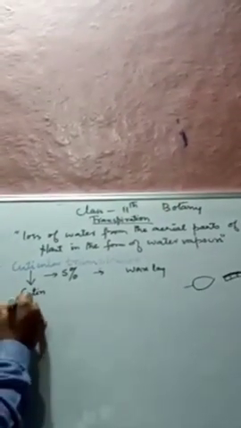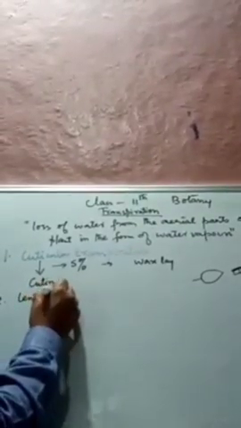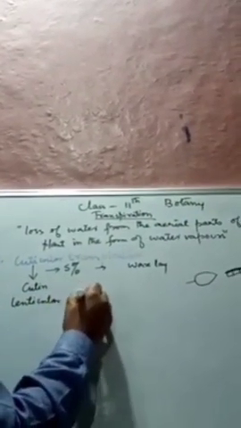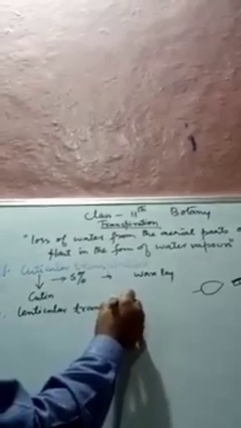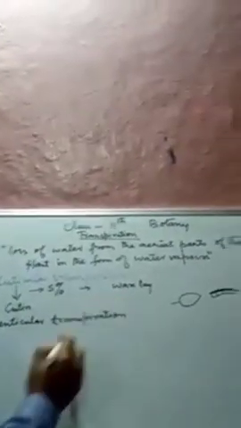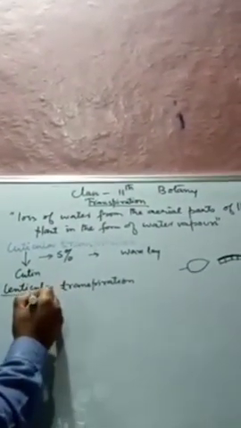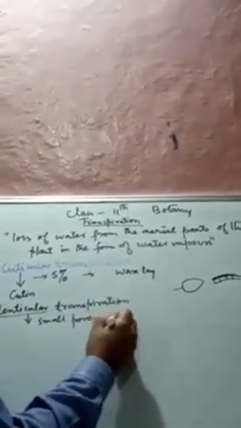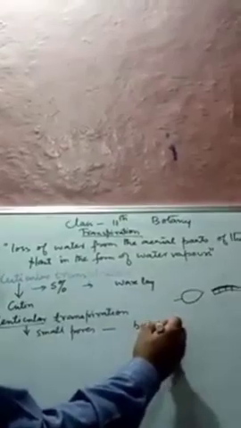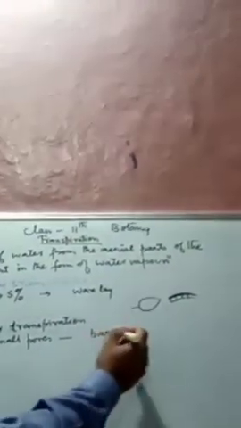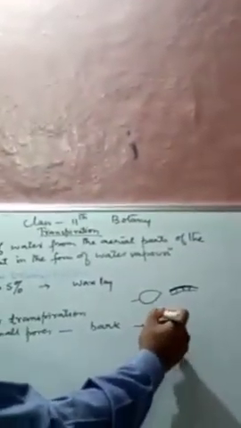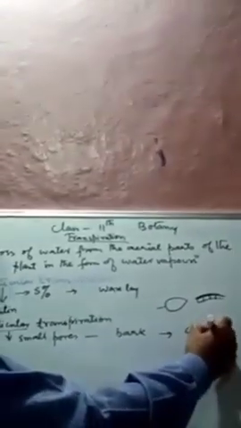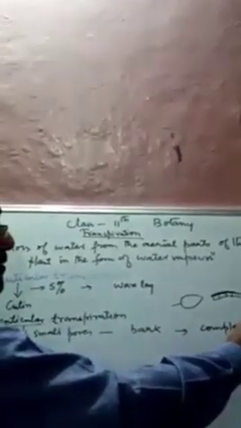The second one is called lenticular transpiration. Lenticels are small pore-like structures found on the bark, surrounded by simple cells, which are called complementary cells.